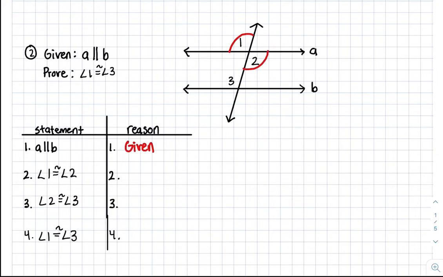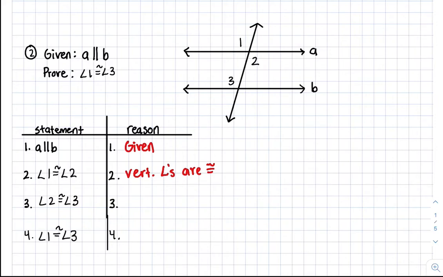Well, looking at your notes, what type of angle relationship is this? They are vertical angles. And in your notes, you know vertical angles are congruent. So that's why we can say angle 1 is congruent to angle 2, because we know vertical angles are congruent.